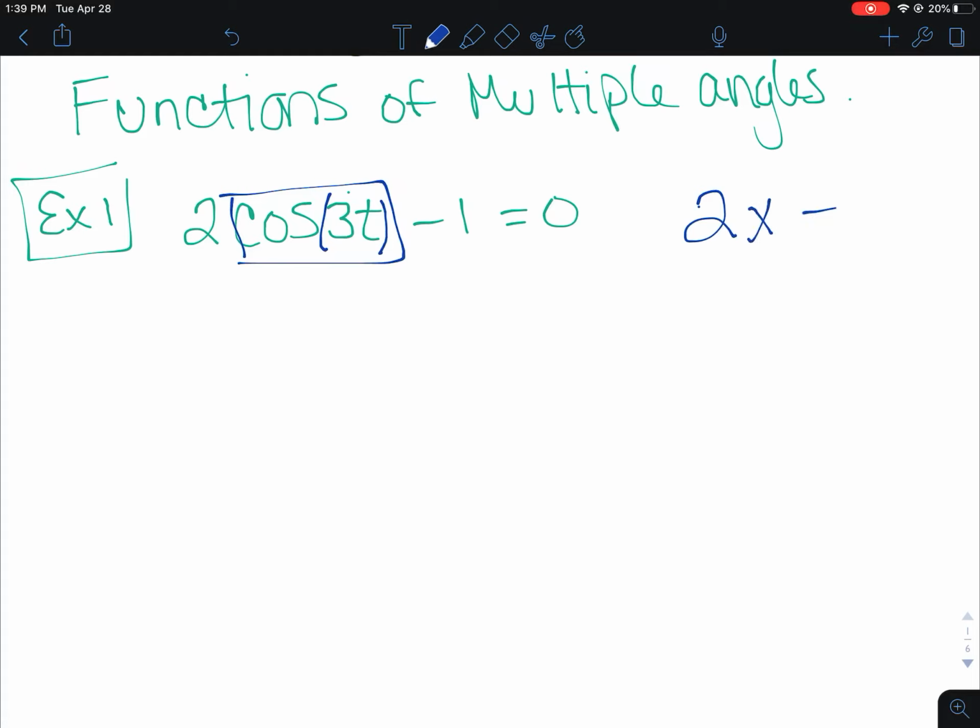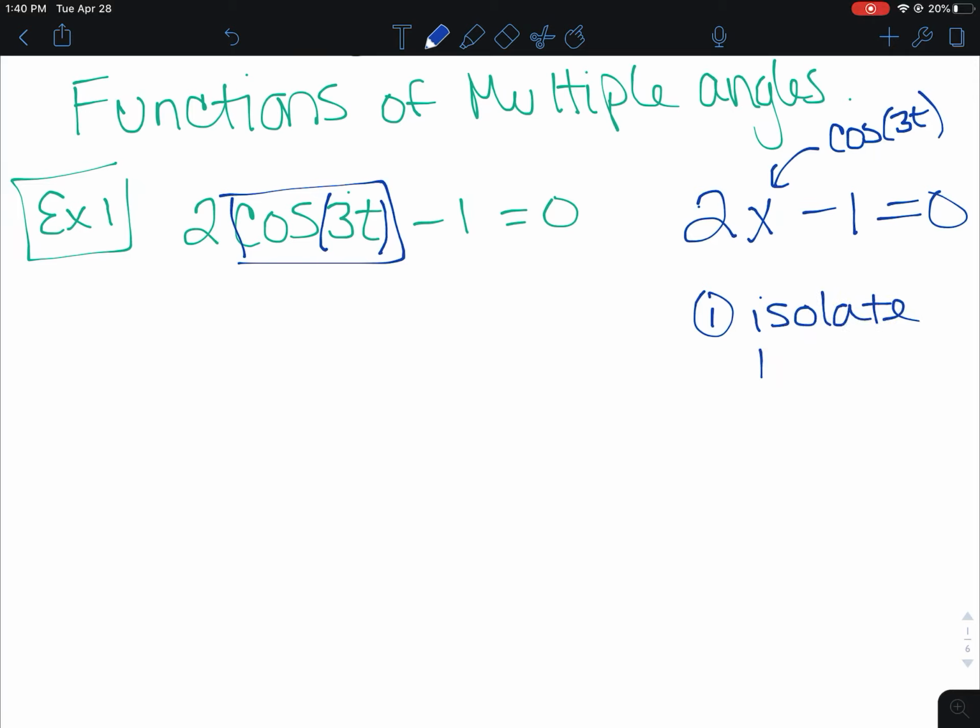It's just like if we had an equation 2x minus 1 equals 0, where x is the cosine of 3t, right? So what we're going to do is try and isolate the function, just like we did in the last video.